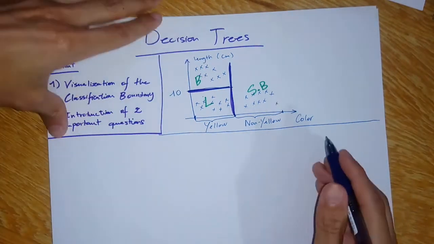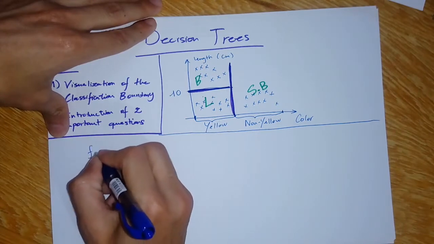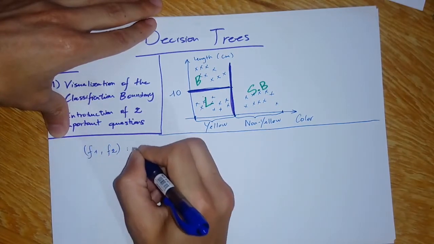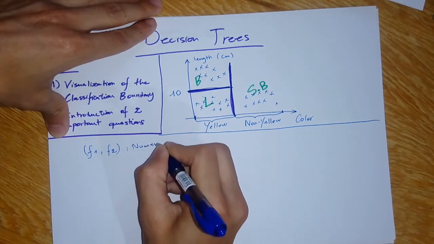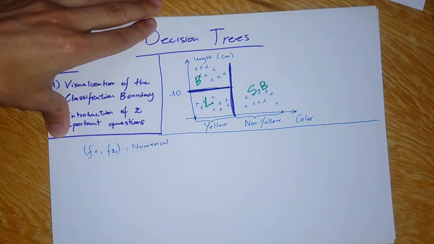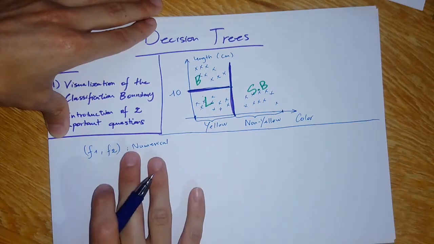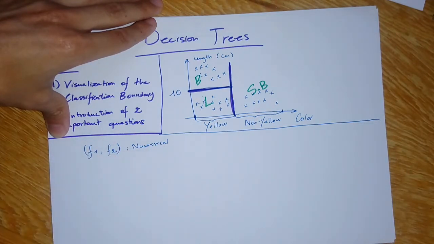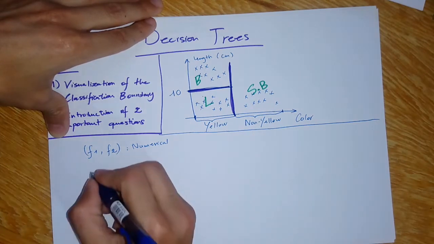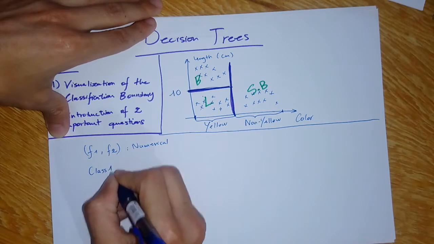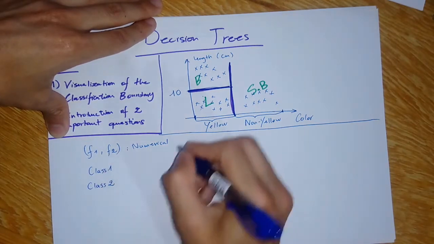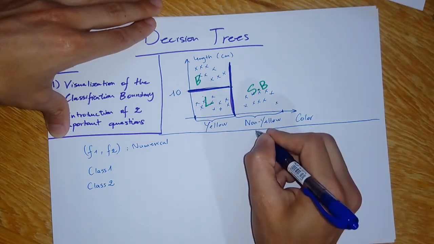So let's say that I have two features, F1 and F2, that are numerical, right? And based on their values, I need to decide whether a data point belongs to class 1 or class 2. Now let me form a decision tree.